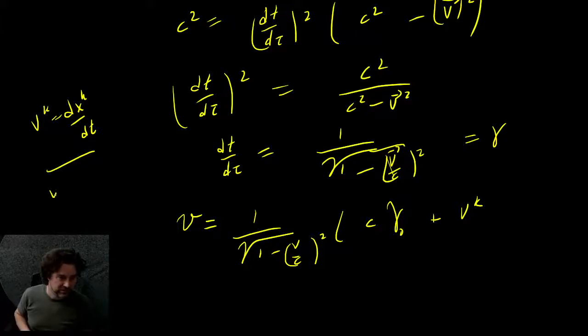So we would write our velocity as dxk dt ek.